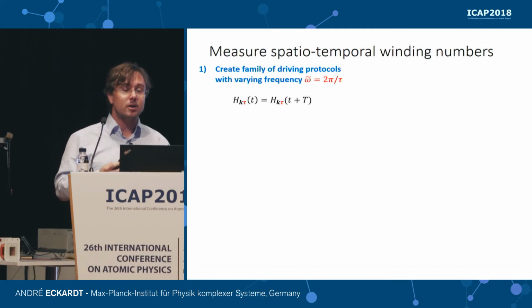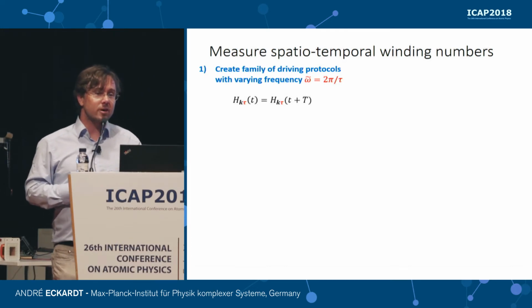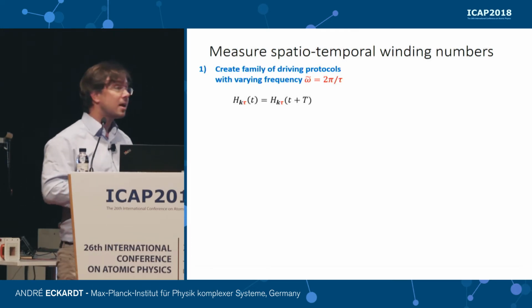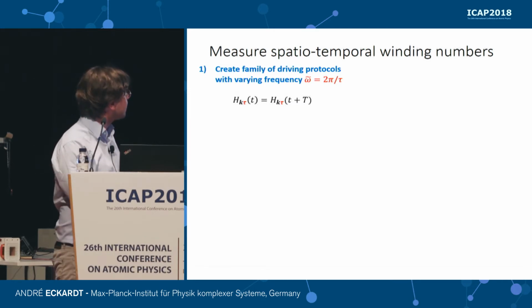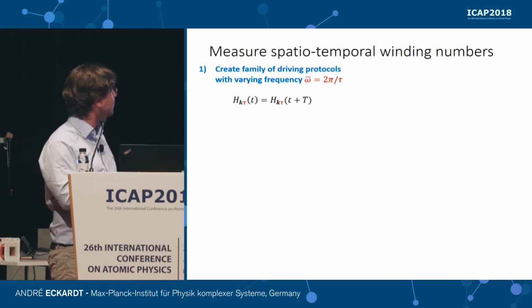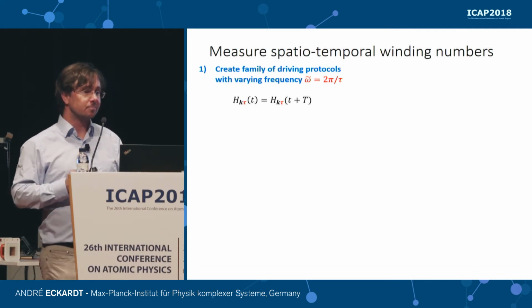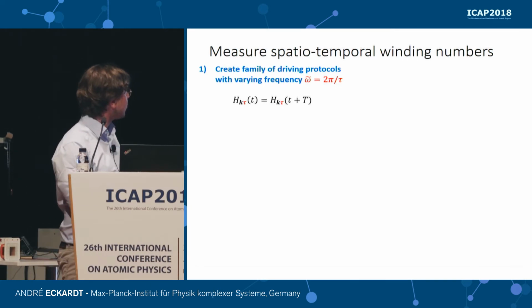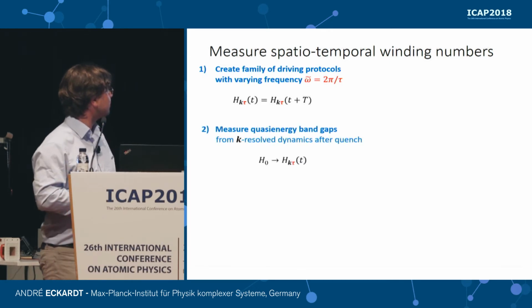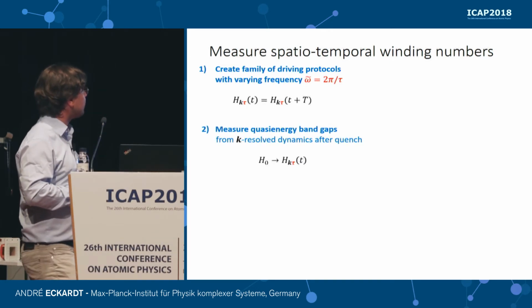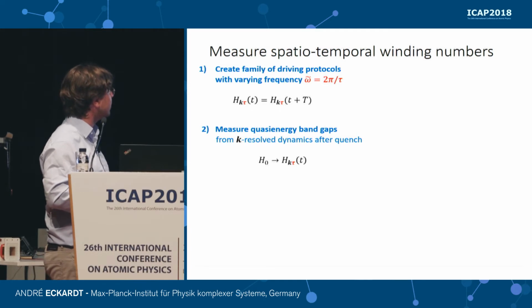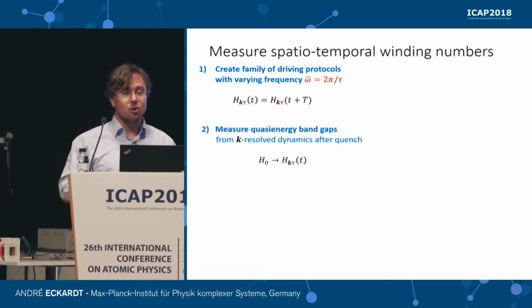So you create a family of driving protocols with varying frequencies omega, and let's say these frequencies are characterized by this driving period tau, and the one you're interested in is one member of the family. And then you have these Hamiltonians here. Then you measure the quasi-energy band gaps by just ramping into this Hamiltonian and observing the K-resolved dynamics.